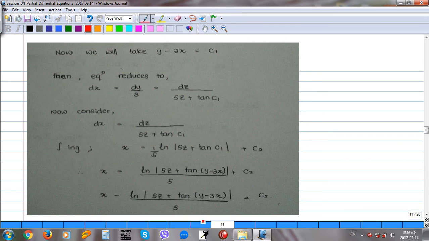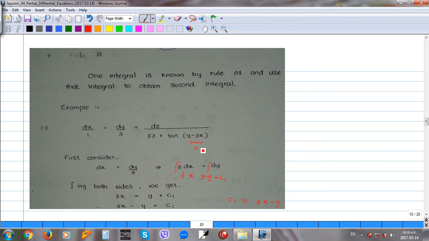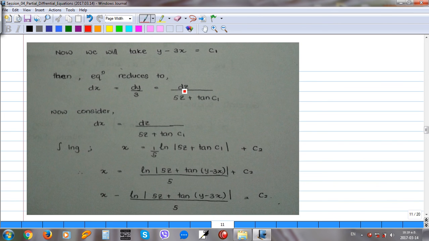So then we can substitute here, again this we can take c1, then 5z plus tan c1, right? Here again the equation is reduced to that form. Then now we can consider these two, then dx equals dz over 5z plus tan c1.